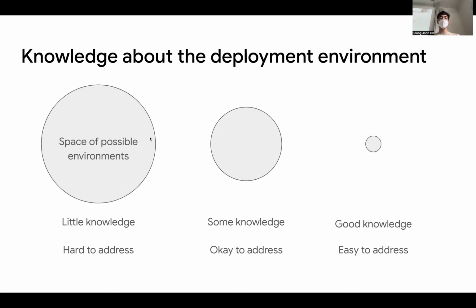It's similar to the entropy concept: if you have more information, then you have less entropy. This is the hardest case. But as you have more and more knowledge about what you will have to take care of later, your space of possibilities will shrink, and that's easier to address.